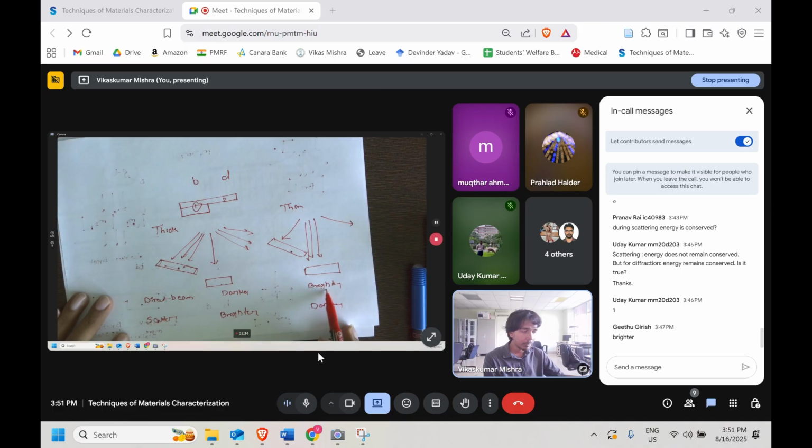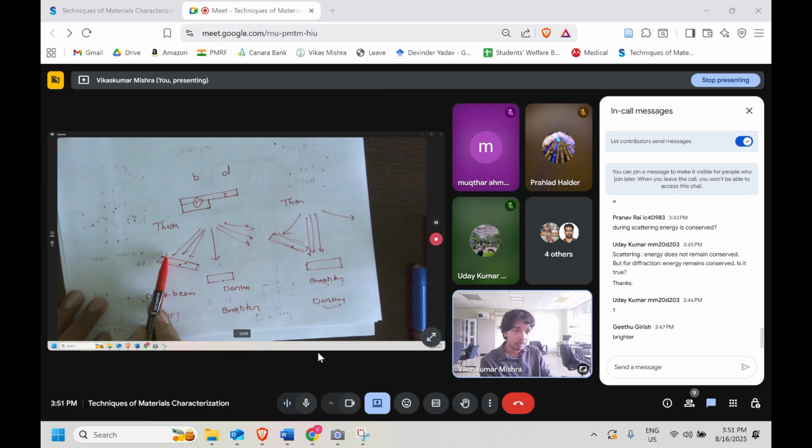In the direct beam it was brighter because the scattering was less. Now if I go to the screen and see only the scattered beam, there is very little, so I don't have much intensity and it will be darker. Here the scattered beams are more in intensity and more in number, so they will be brighter, right? So it all depends on the perspective from where you are seeing it.